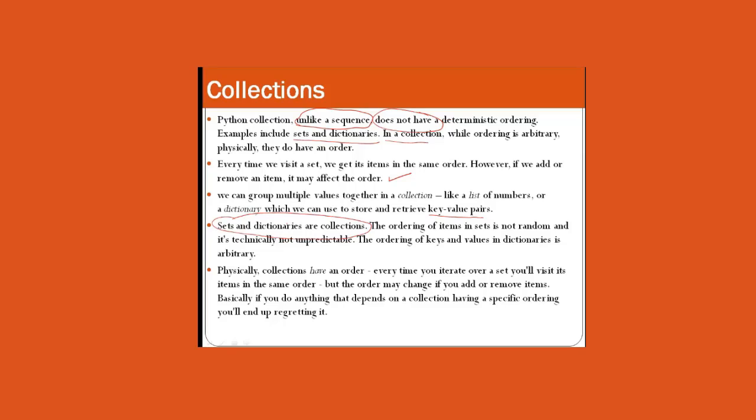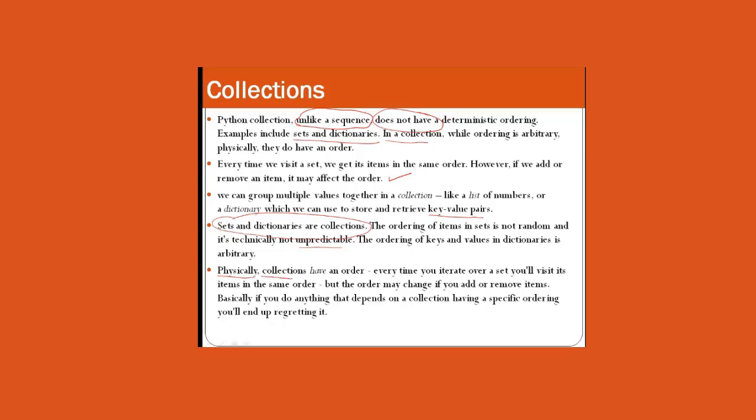They are not sequences. The ordering of items in sets is not random, and it's technically not unpredictable. The ordering of keys and values in the dictionaries is arbitrary. So these are some important things.